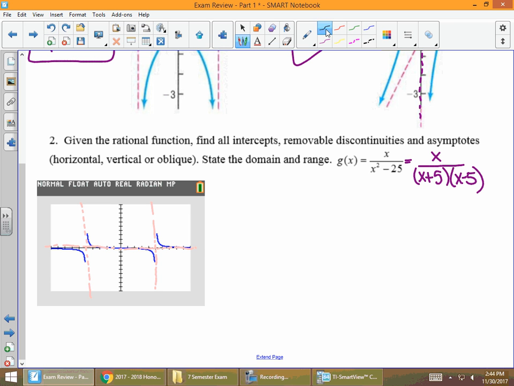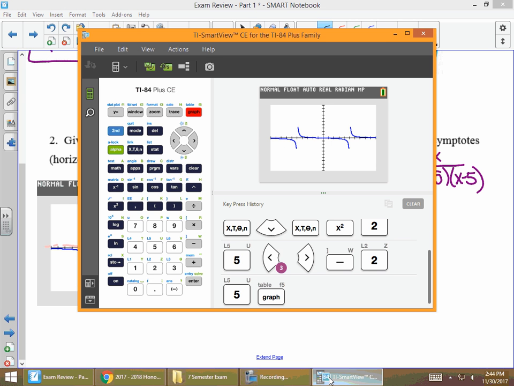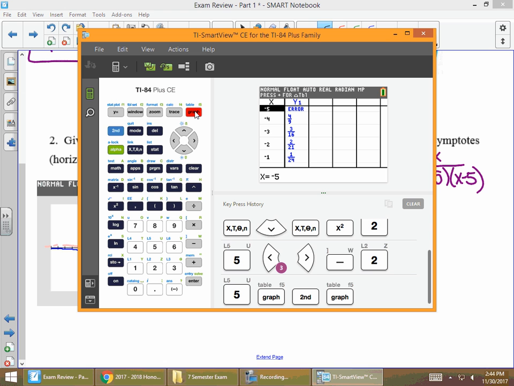Okay, let's start to talk about our key information. Let's just go through the list. Intercepts. Here we're talking x-intercept and y-intercept. You can get that from your table. So if I go to my table, I suspect that it's 0, 0 from the graph, but let's make sure we actually have that value there. 0, 0.